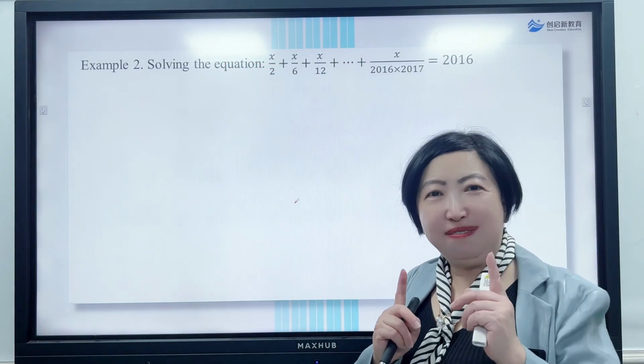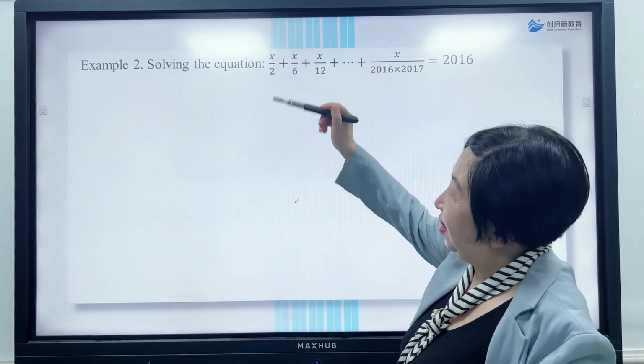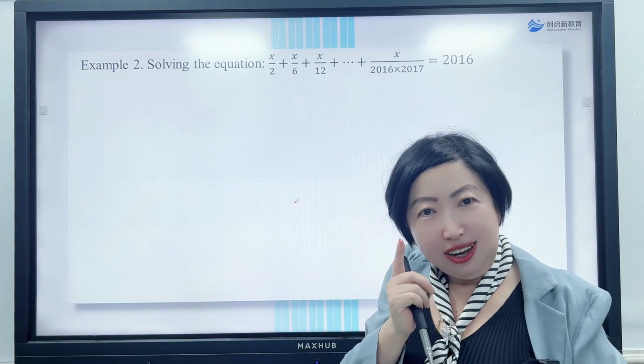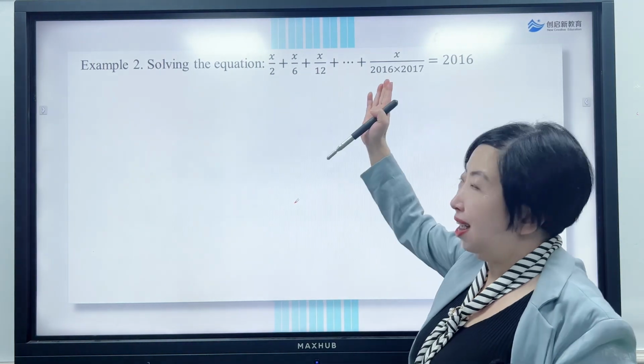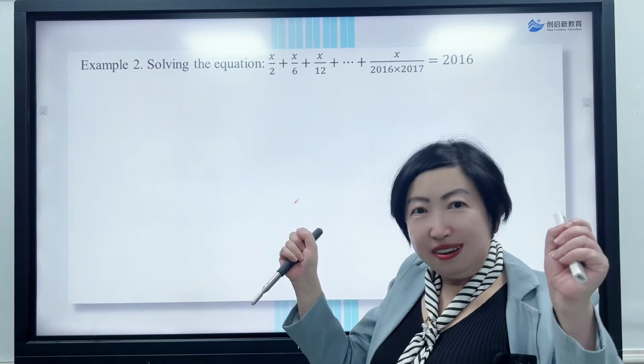Okay, let's learn a new interesting example using an interesting method named the split method.